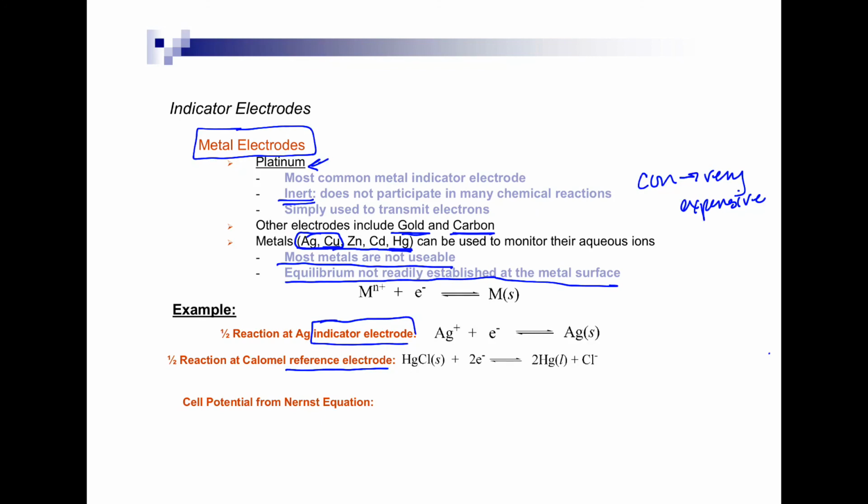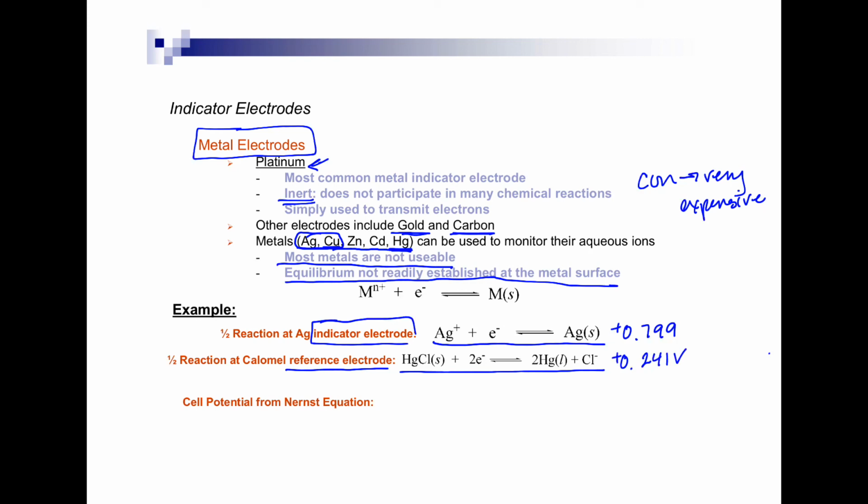Now, to be able to find the E cell for this reaction, I'm going to need to look up the redox potentials for each of my half cells. For my silver half cell, I got a reduction potential of 0.799. And for the mercury one, the calomel reference electrode, its potential is 0.241 volts positive.